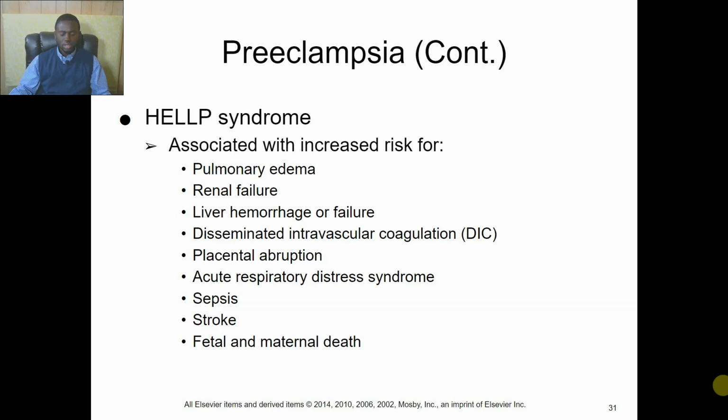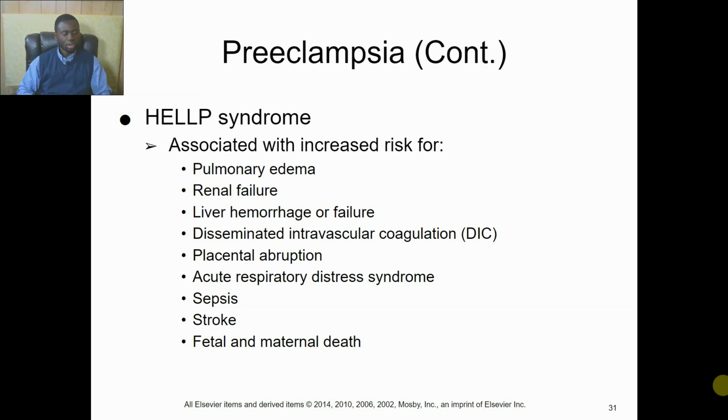And in addition to that, the patient can develop what we call DIC. This is disseminated intravascular coagulation, where there is bleeding and blood clotting at the same time. And this is a potentially dangerous situation if a patient develops DIC, because it can lead to death. There can also be placental abruption, which is the separation of the placenta from the uterine wall, and that can cause bleeding, which will compromise the fetus and cause distress.